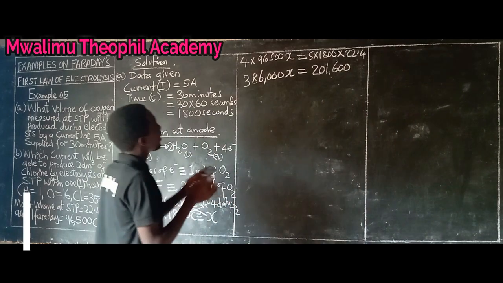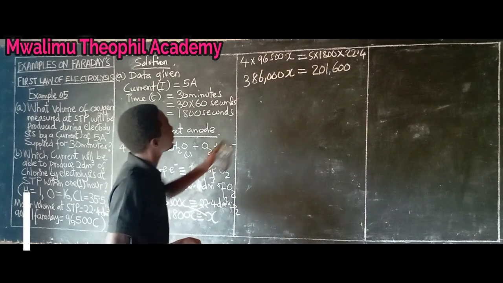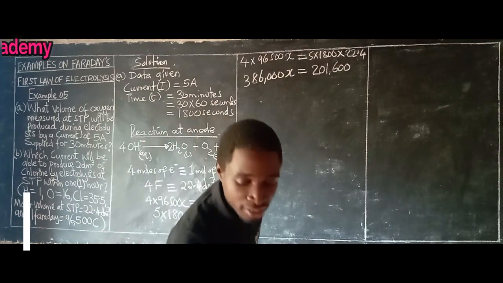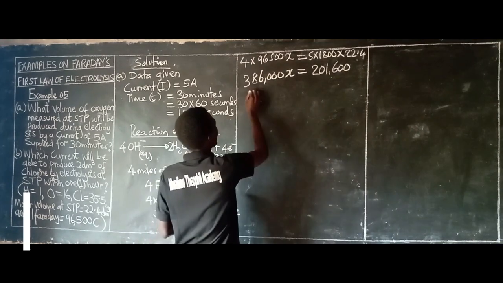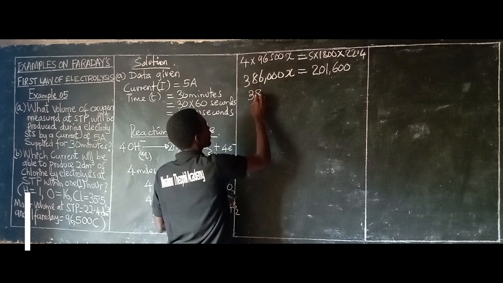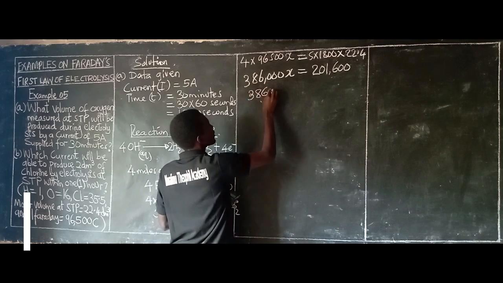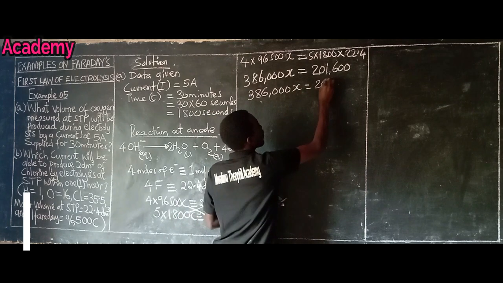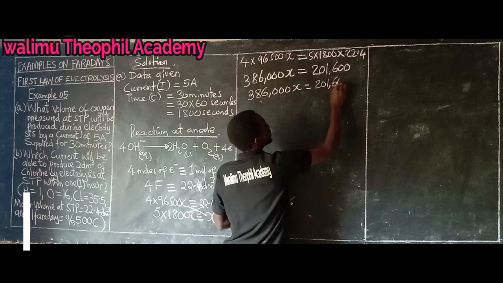Now, from there, to get X, we have to divide by 386,000 on both sides. So 386,000 X is equal to 201,600.